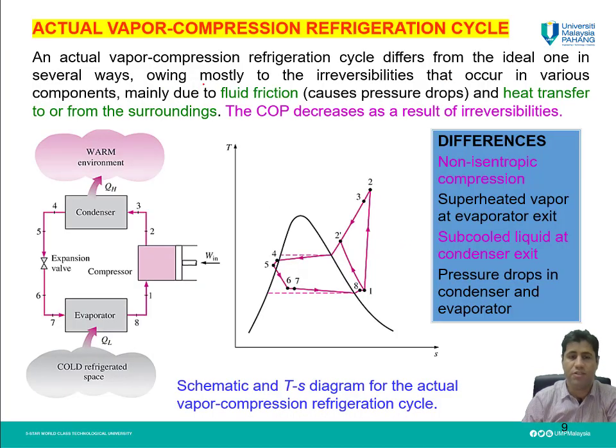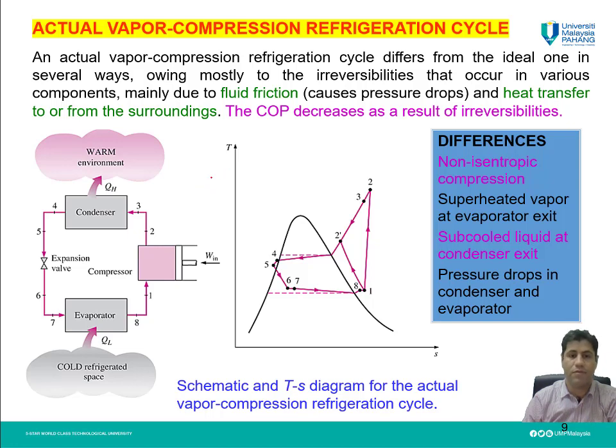The cycle which I introduced to you is an ideal cycle. We assume we don't have any heat transfer in the components or in the lines which connect each component in the refrigerator. But generally we don't have this kind of equipment in the actual world.